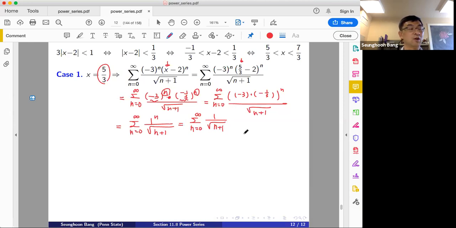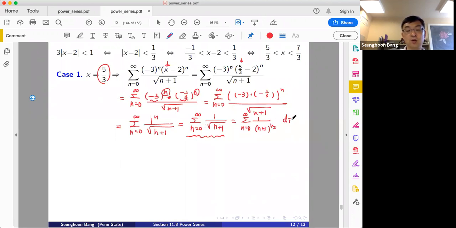What do you think? Convergent or divergent? No, you can use the p-series. It's the same as the summation n equals 0 to infinity of 1 over (n plus 1) to the power 1/2. You can use the p-series.